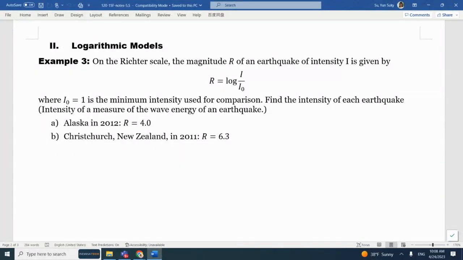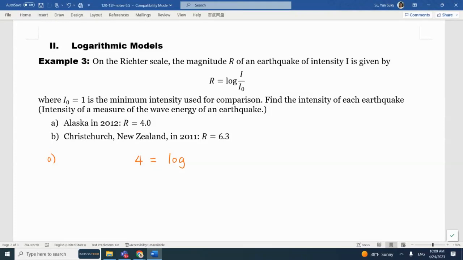So here we plug in the numbers, right? So part A, Alaska, R equals 4. So R is 4. We plug in R is 4. Replace R by 4. And then on the right-hand side, log.